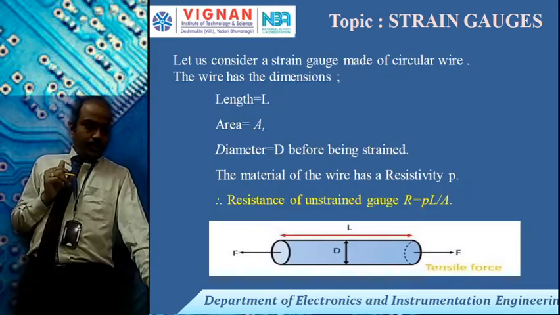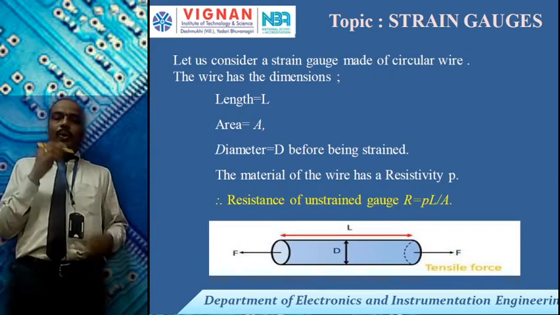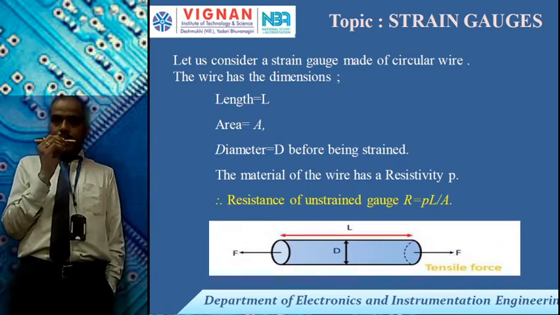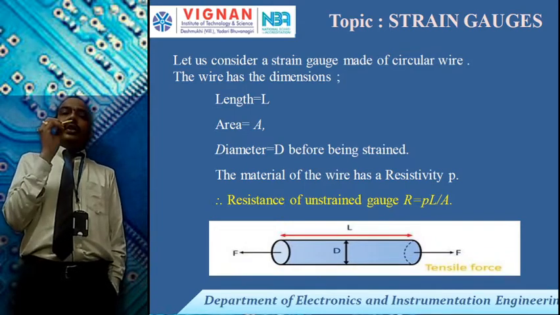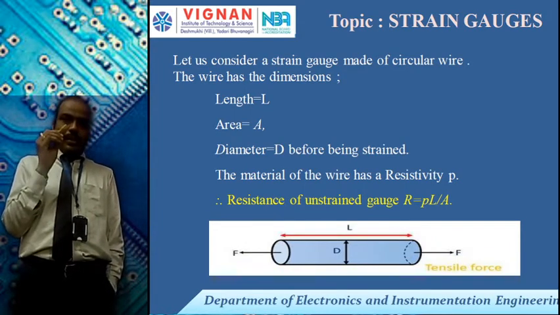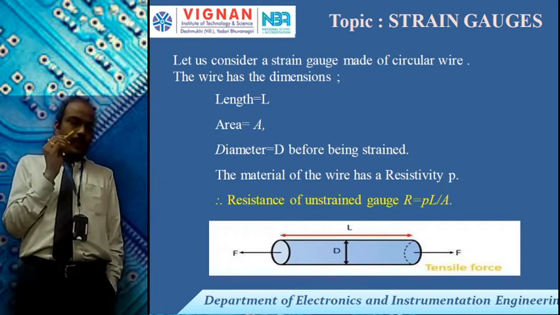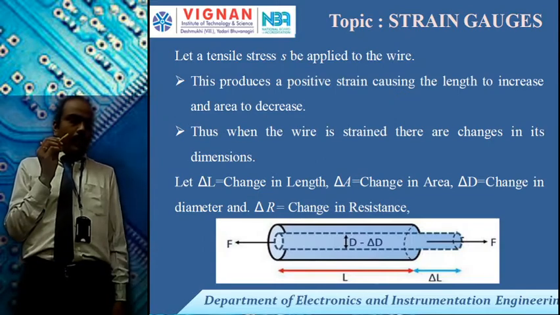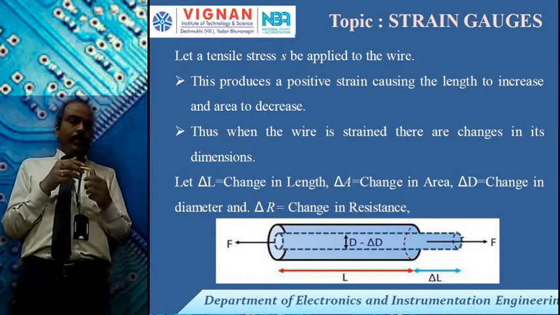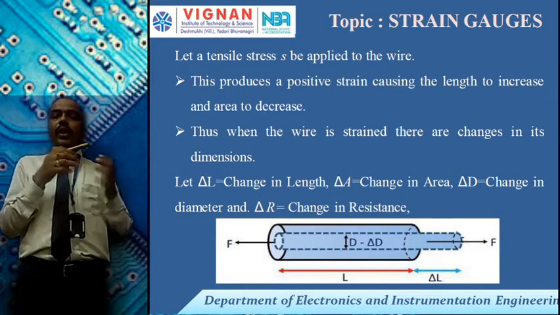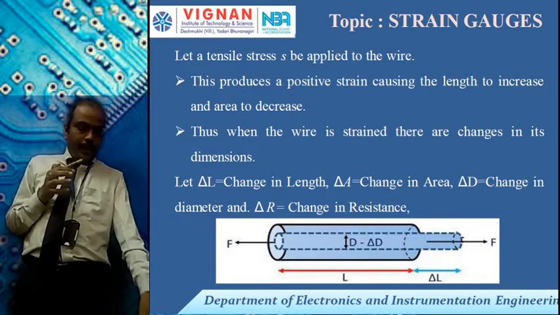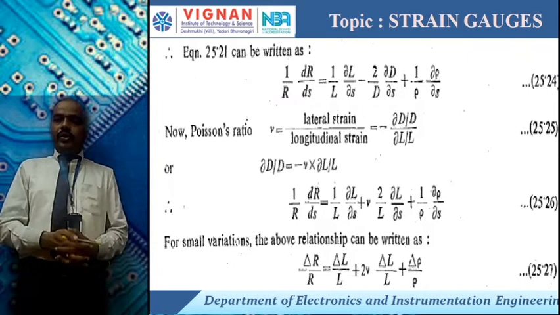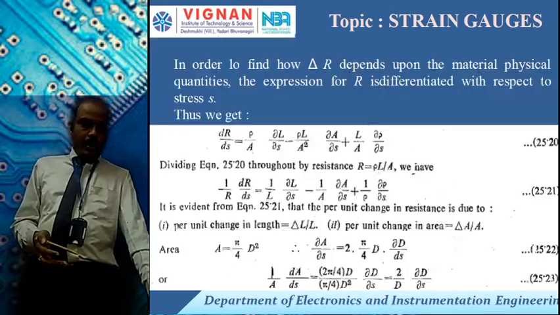So how this change in resistance of a metal conductor depends on the change in physical quantities such as length and area can be explained by the normal dimensional behavior of the elastic material. There are some different derivations of equations we are going to see in the next class.